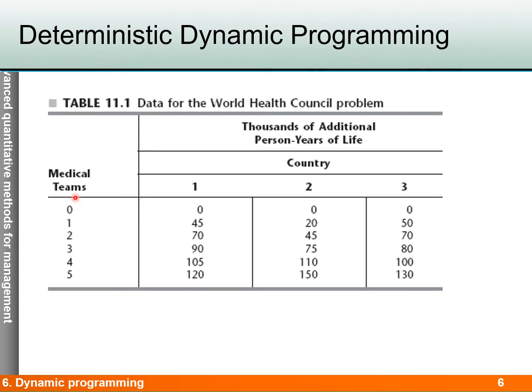So as you see here, this table provides data for the World Health Council problem that are in thousands of additional person years of life. What is the meaning of that?